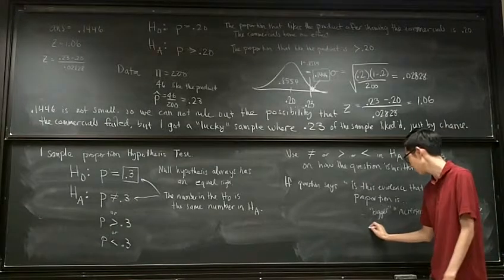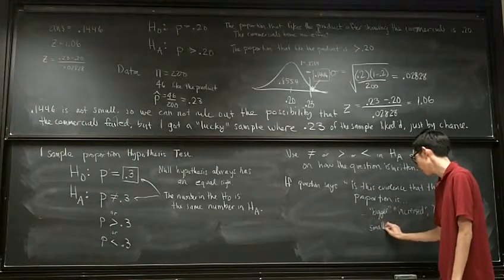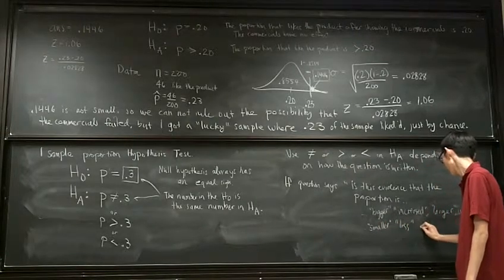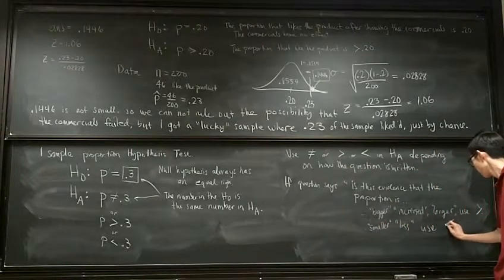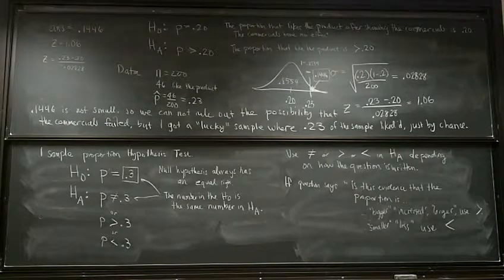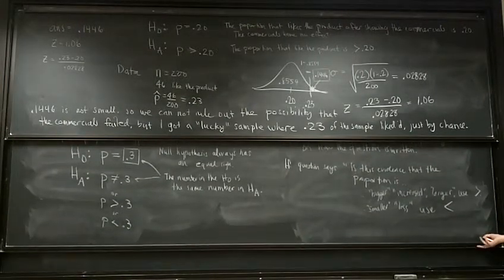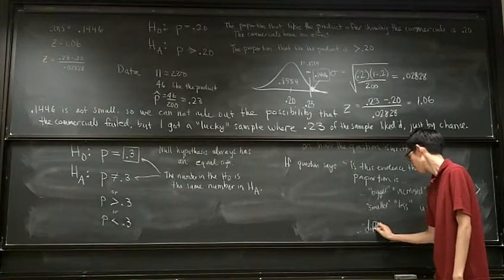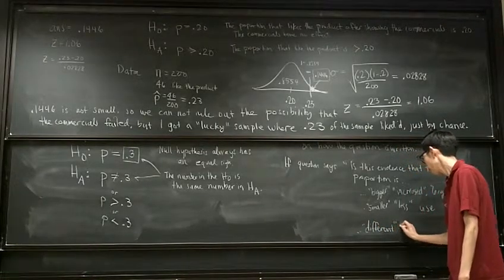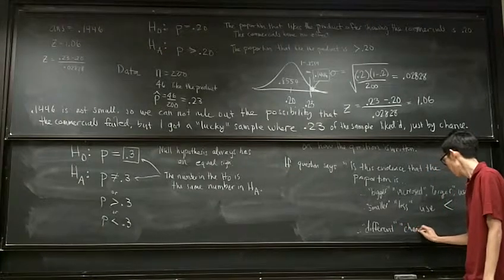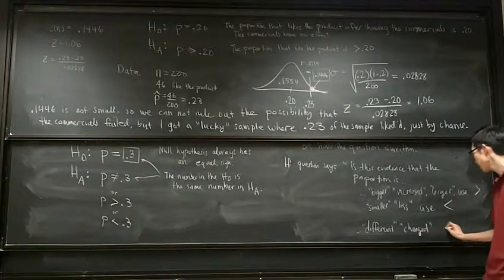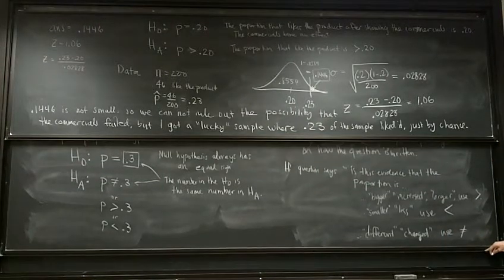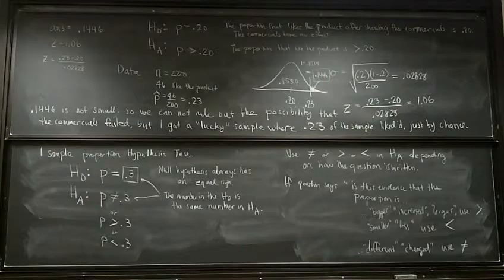On the other hand, if you get things like smaller, or less, whatever, use the less than. And the last one is if it says different, changed, or anything like that, use not equal to.